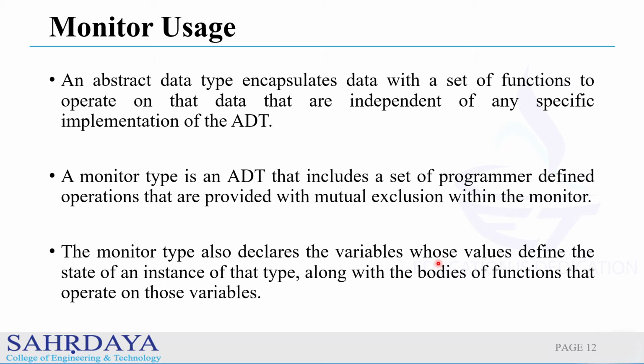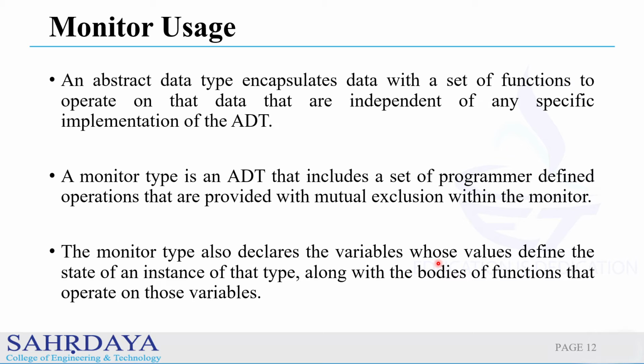So, monitor usage. An abstract data type encapsulates data with a set of functions to operate on that data that are independent of any specific implementation of the ADT. A monitor type is an ADT that includes a set of programmer defined operations that are provided with mutual exclusion within the monitor.